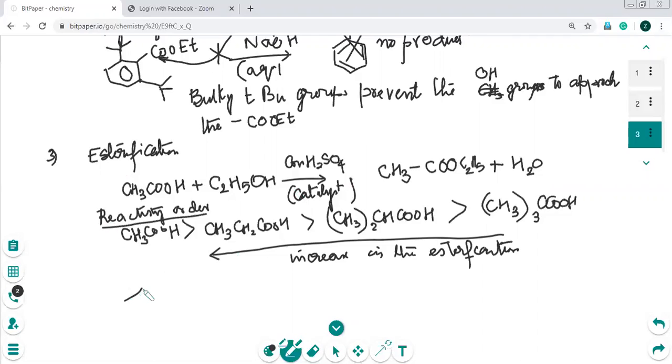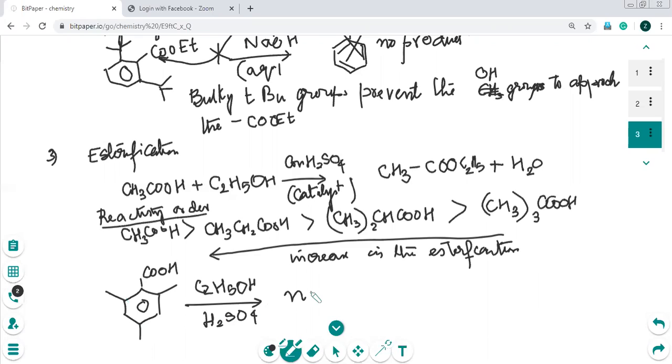Look at the same esterification with C2H5OH and H2SO4. No reaction. We cannot convert this into an ester by this method. You have to use something else.